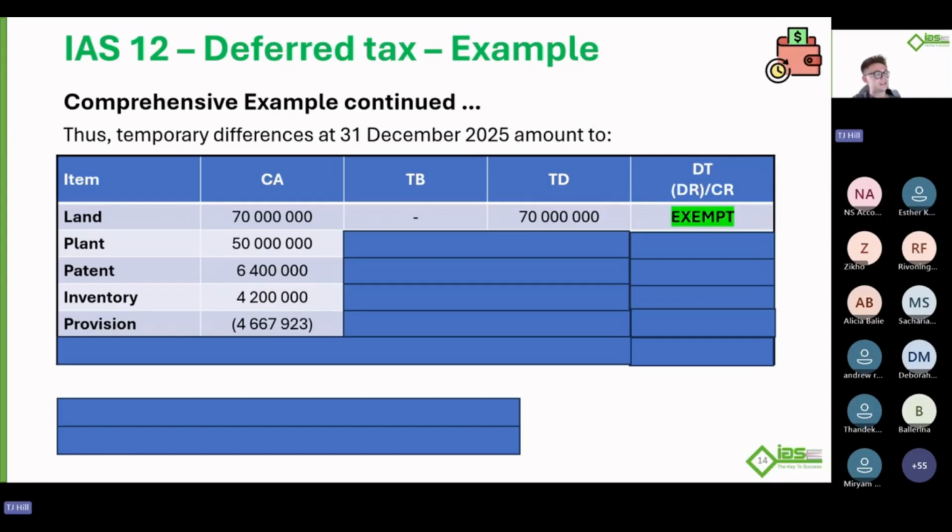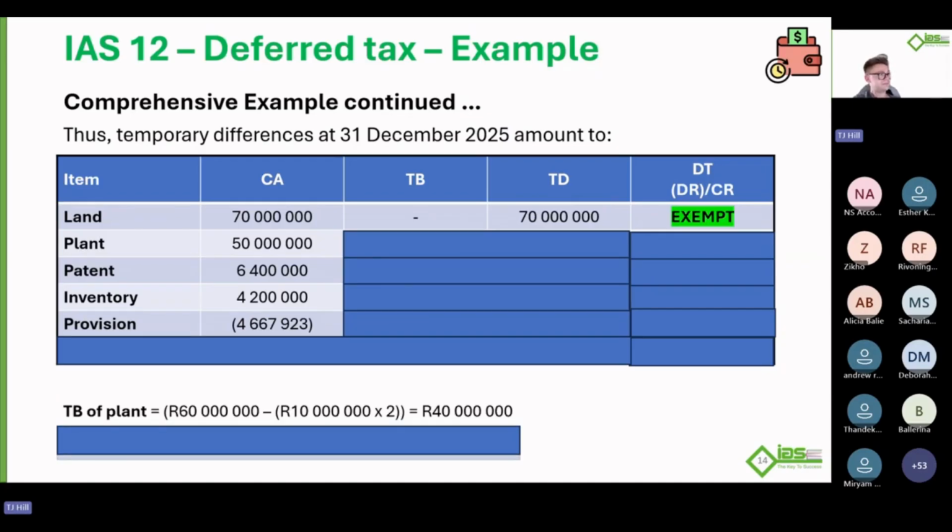Because we considered it at initial recognition, it's pretty much the example we did first with these exemptions. At initial recognition, does it affect accounting profit? No. Does it affect taxable income? No. Does it give rise to equal taxable and deductible temporary differences? No. Thus, it is exempt.